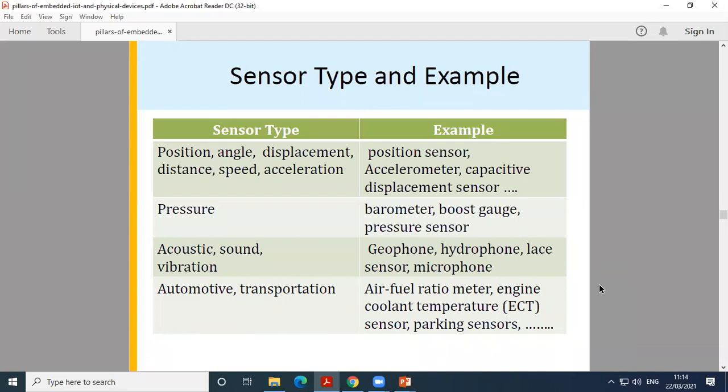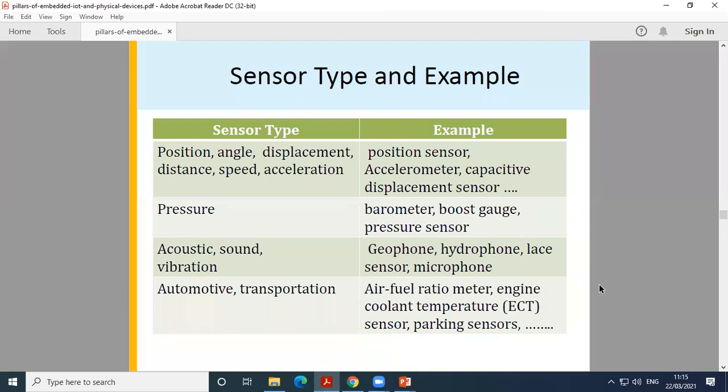For acoustic sound and vibration, we have geophone, hydrophone, flash sensor, or microphone. For automotive or transportation, we have crank sensor, vehicle speed sensor, wheel speed sensor, transmission fluid temperature sensor, or parking sensor.